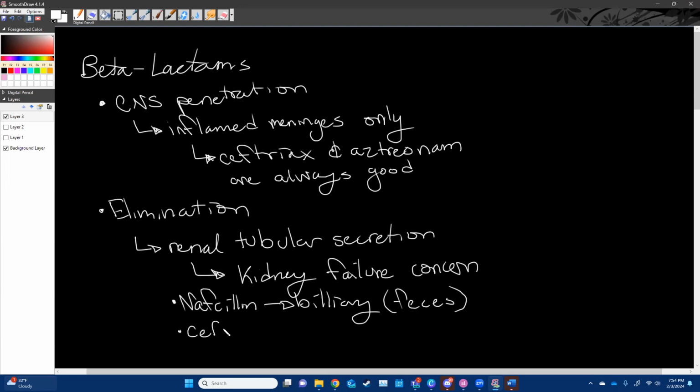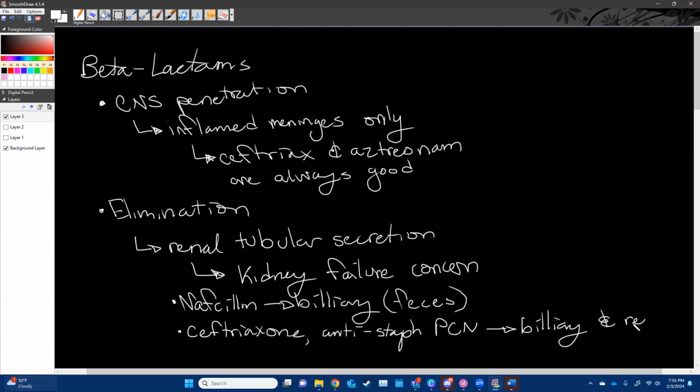And ceftriaxone and anti-staph penicillins, so oxacillin, dicloxacillin, those sort of things, are biliary and renal. So that's our broad strokes.